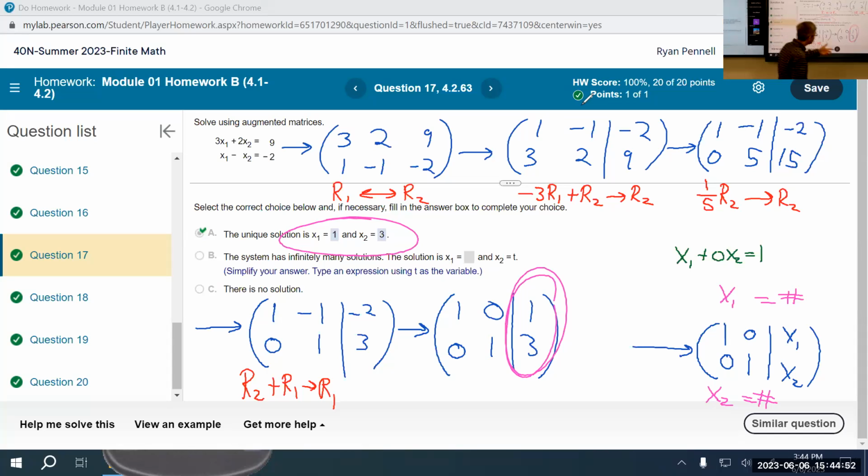So if you go back to lines, what does this line tell us? It says 1x equals 1. 1y equals 3. You don't want 3y equals 9. You just want 1y equals the number. Does that make sense?